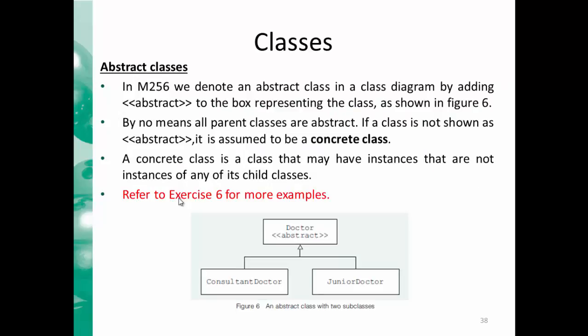In case of having an abstract class in our system, we add abstract to the name of the class, as you can see in the figure below. Doctor class is an abstract class. If the class has no abstract with its name in the class diagram, then we call this class a concrete class, which is a class that can create objects of its own.